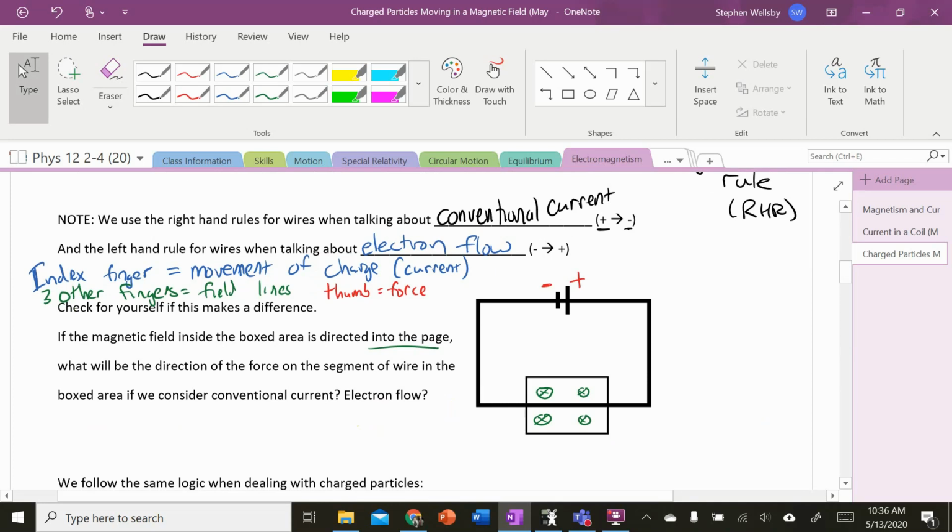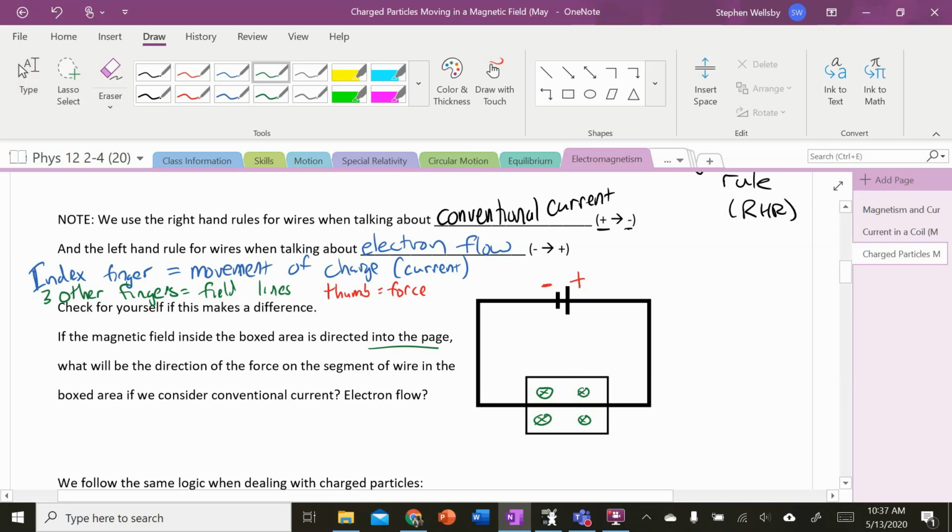Try using your right-hand rule for conventional current, which goes from the positive terminal to the negative terminal of a battery. Figure out the direction of force on this piece of wire as the current flows through here.